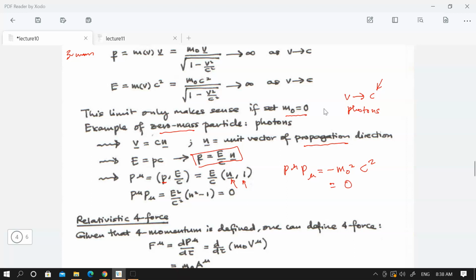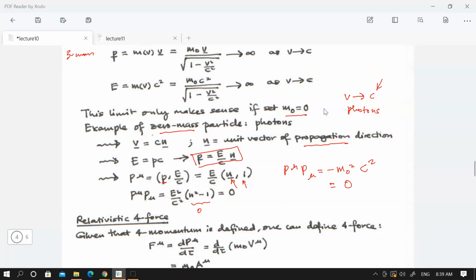But let's check. If I have this four momenta, what's going to be the contraction? The contraction is simply your magnitude, so you get E squared over c squared times the magnitude of the unit vector n squared minus the constant 1, and that is simply equal to 0.